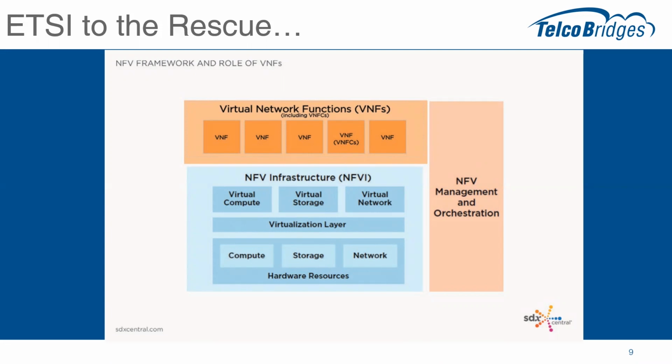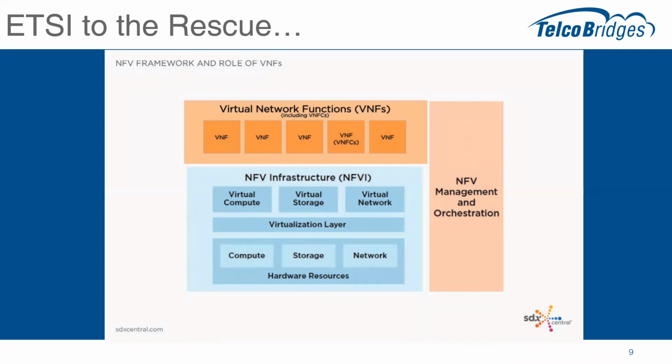Then at the top are these virtual network functions, or VNFs, that are software modules or individual elements that would make up a network infrastructure. We'll go through some examples in a couple of slides, but you can imagine they could be firewalls, and they could be routing functions, and these things.